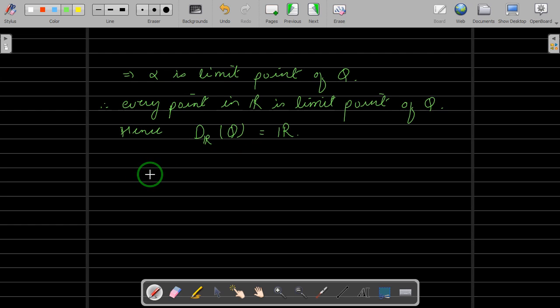Okay, in coming videos we'll talk about dense sets. So here we can say that Q is dense in R. The definition we will see as we proceed.